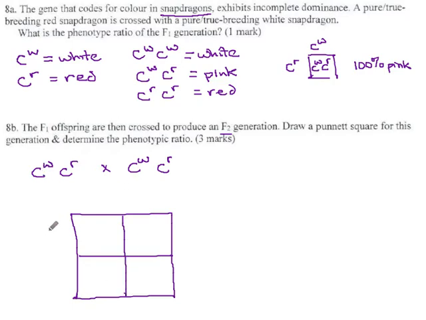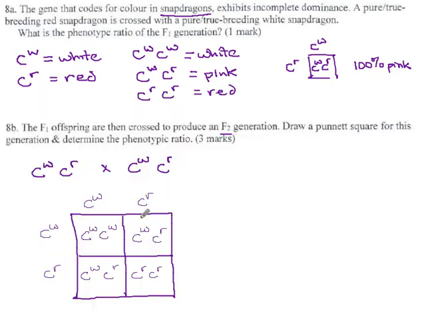From this parent, we will get either CW or CR. From this parent, we will get either CW or CR. And now, four different offspring, or four squares at least. We can get CW, CW, CW again, I'm trying to keep the order consistent, or we could get CR.